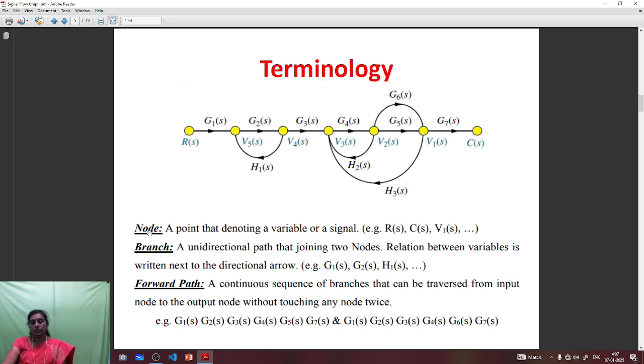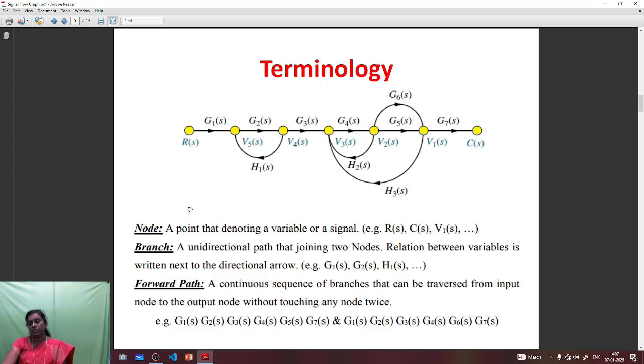The first one is node. A node is a point that denotes a variable or a signal. Here I have represented R of S, C of S, V1 of S, V2 of S, V3 of S. These are all the nodes.